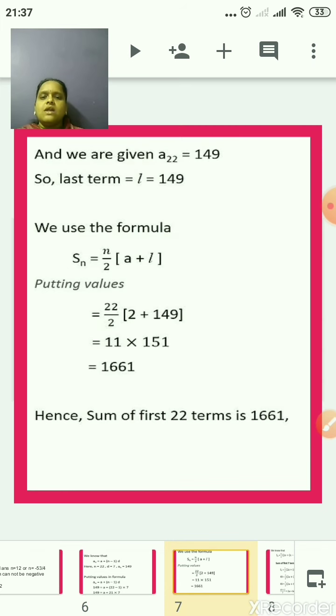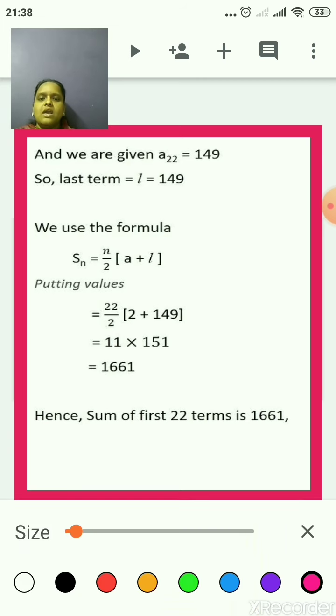Now here I have used the second formula, that is Sn is equal to n by 2 into a plus l. l is nothing but what? The last term, that is nothing but 149. Just substitute. 22 by 2 into 2 plus 149. 2 plus 149 will become 151, and 11 into 151 is 1661.